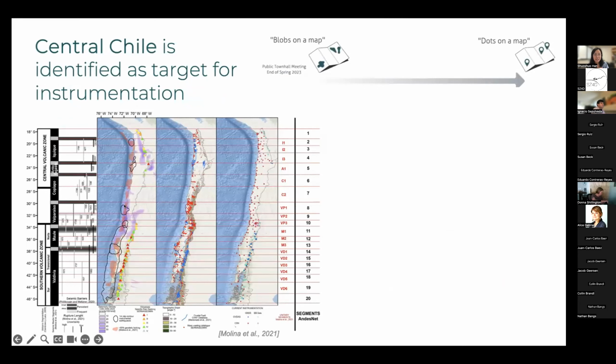Over the past summer, the US SZ4D community and the Chilean AndesNet have discussed where to put this mega array, Volca array, and surface array, mainly the targets for instrumentation. Here are the results from the April SZ4D all hands meeting, and we chose Central Chile for instrumentation.